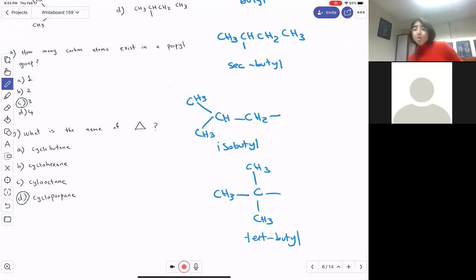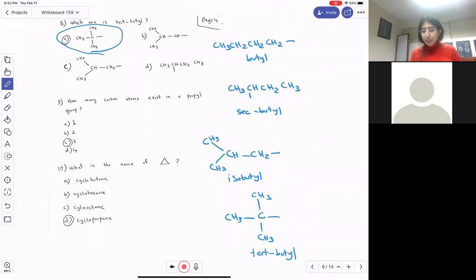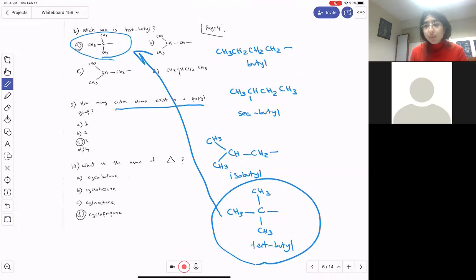It would be constitutional or structural. But as of right now, comparing these, you see that tert-butyl is exactly this one. How many carbon atoms are in a propyl group? Remember, propyl was a propane that lost a hydrogen, so it has three carbons.